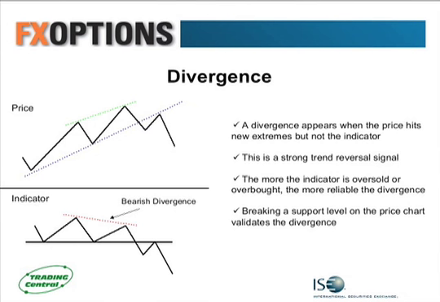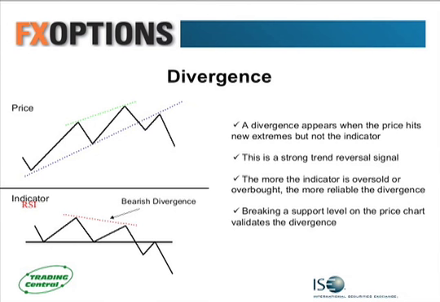I mean, you have the second peak on price higher than the first one, but on the indicator, we say that it's the RSI, the second peak is lower than the first one.